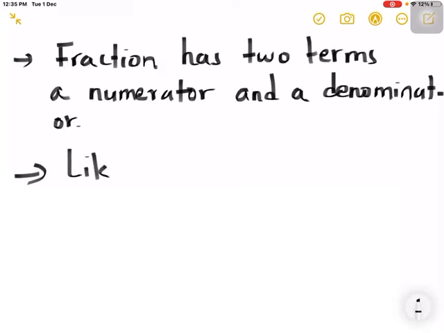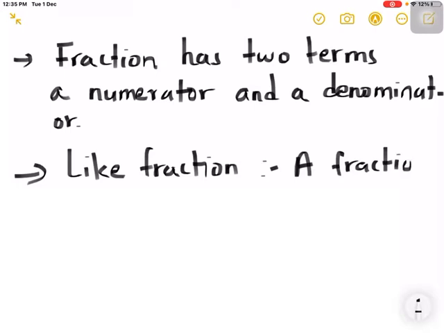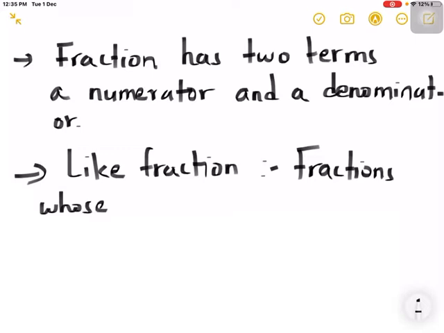Like fractions are fractions whose denominators are the same, that is, the denominators are equal.